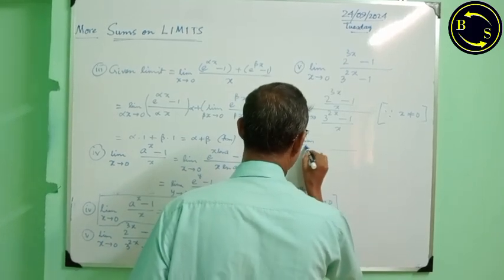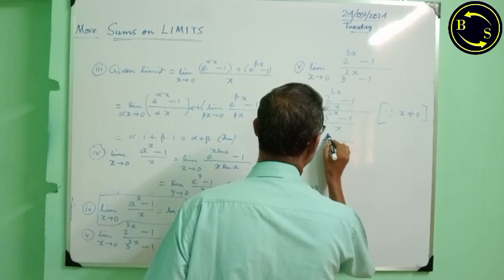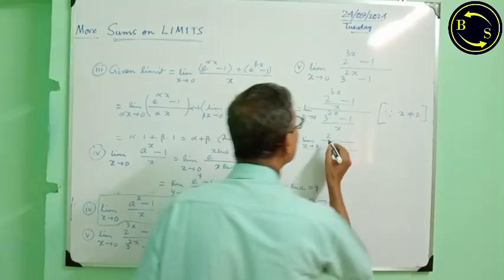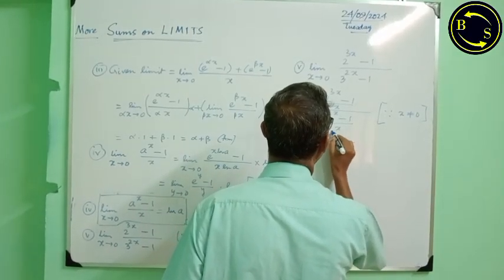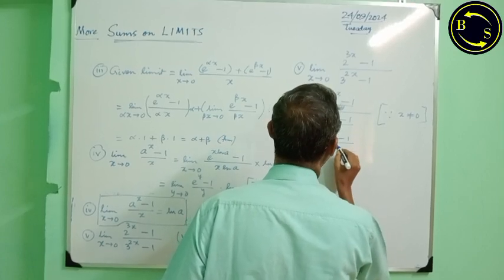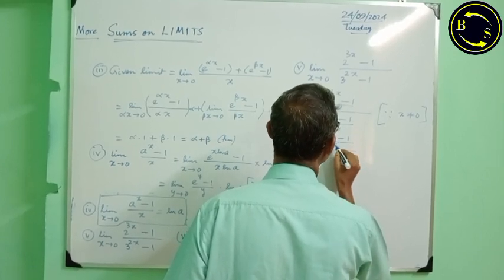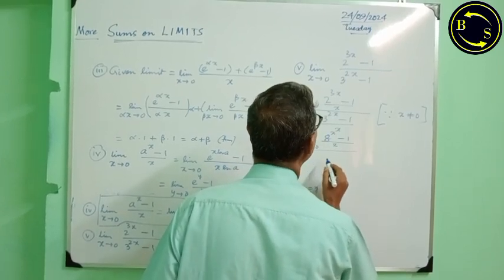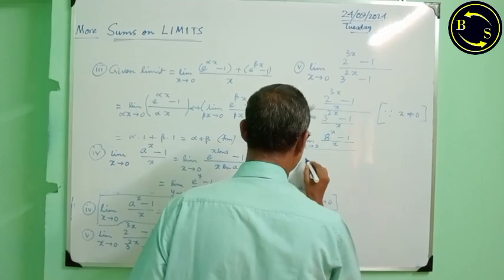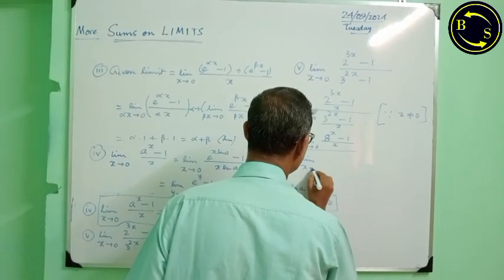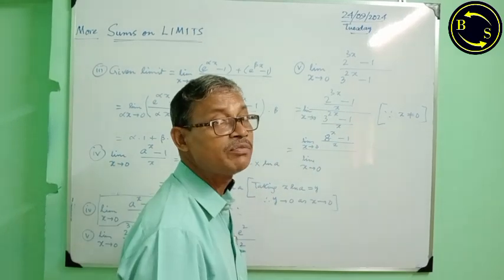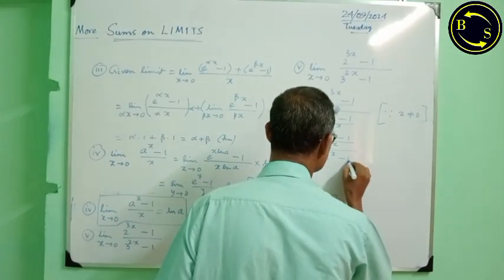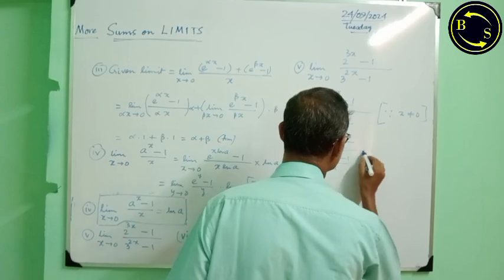Limit x tends to 0, 2 to the power 3x means 8 to the power x minus 1 by x, by limit x tends to 0, 3 to the power 2x means 3 square whole to the power x means 9 to the power x, 9 to the power x minus 1 by x.